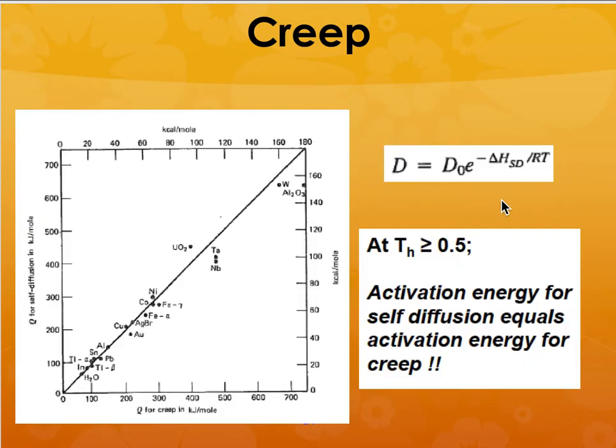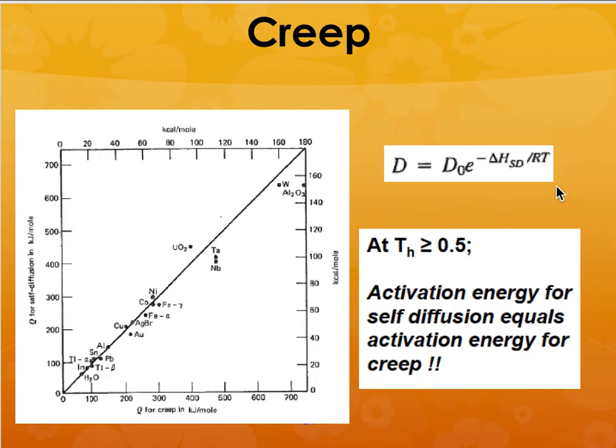So you might find the equations and things like that in the textbook, and I will definitely give you some problems to solve based on this. And again, as I said to you, creep is a diffusion controlled process.